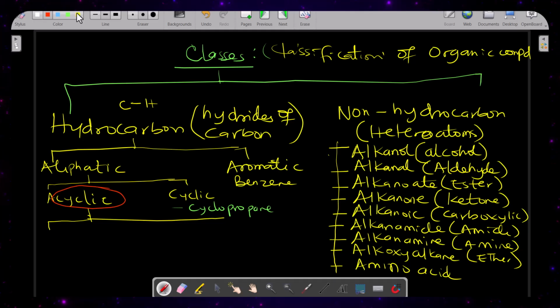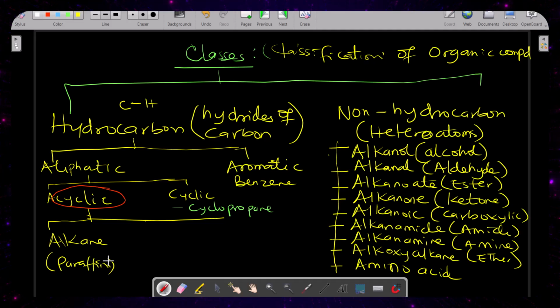So let's see this now. Under the acyclic, we have the alkane, commonly known as the paraffin. We also have the alkene, commonly known as the olefin.